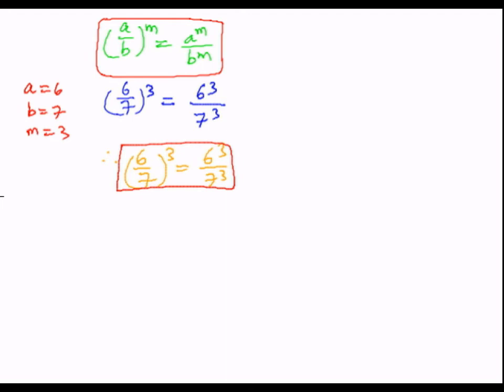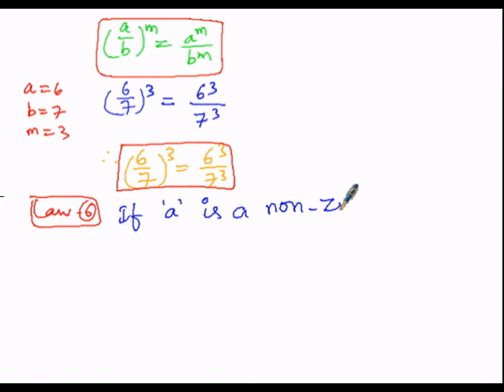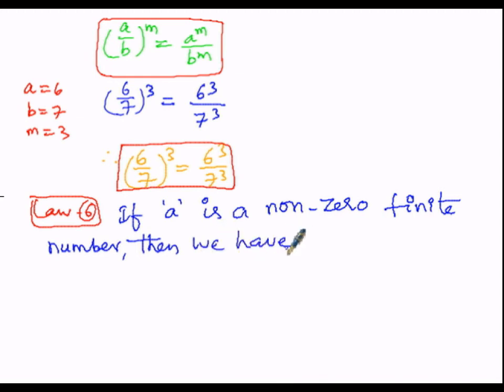Say law number 6. In this law number 6, if a is a non-zero finite number, then we have a raised to the power of 0 equals 1.